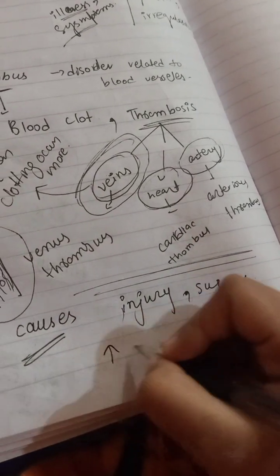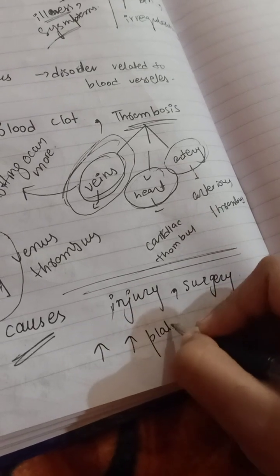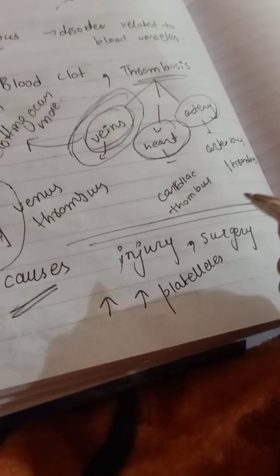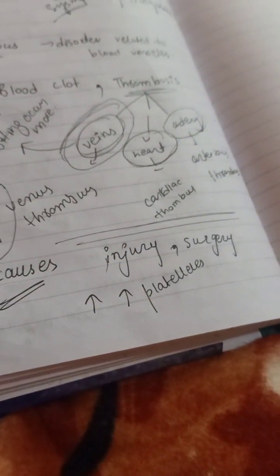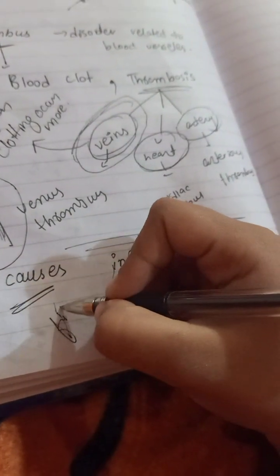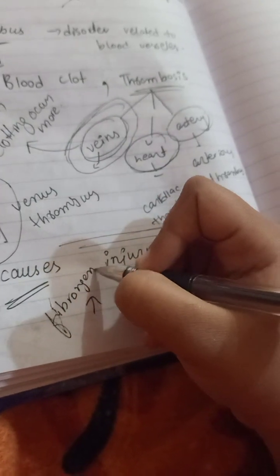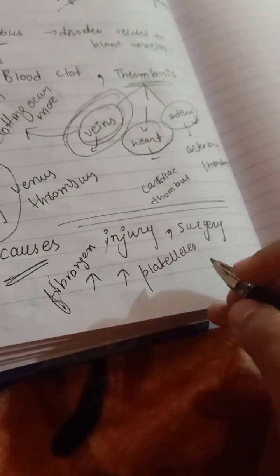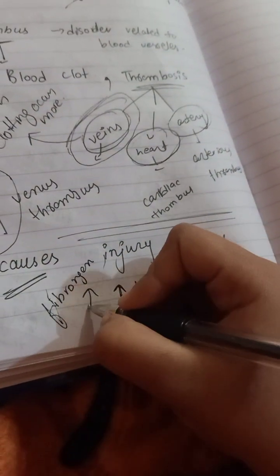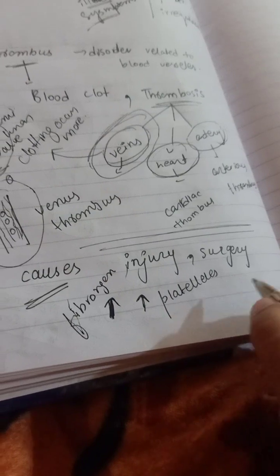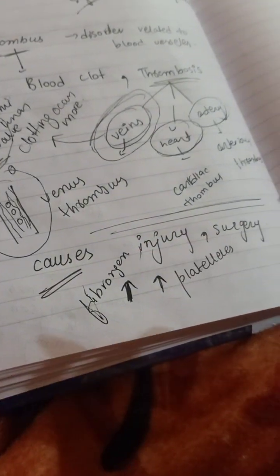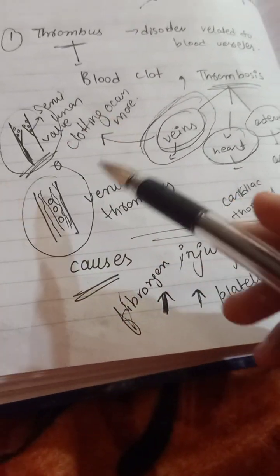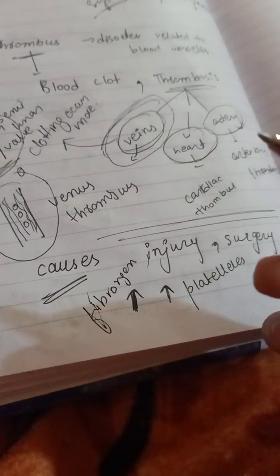If platelets increase, as you all know, platelets basically work in blood clotting. If fibrinogen increases, these are plasma proteins. So when both of these increase, more blood clots occur in the veins, heart, and arteries, if there is any kind of thrombus.